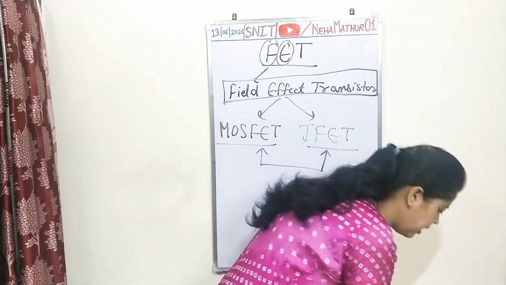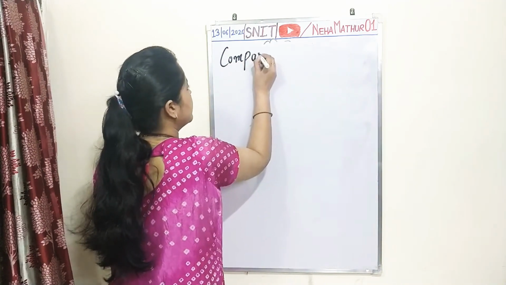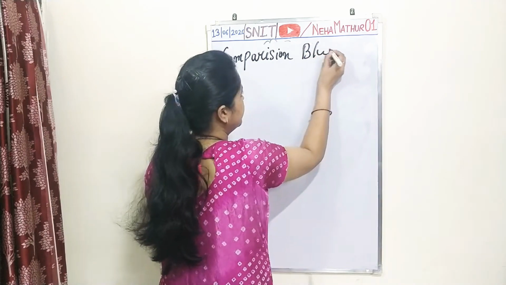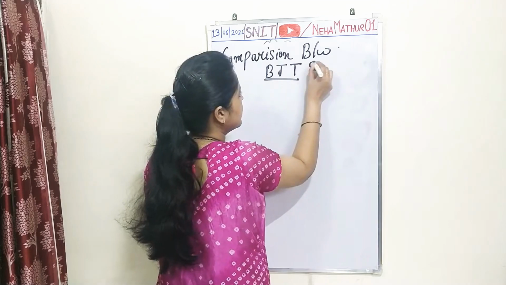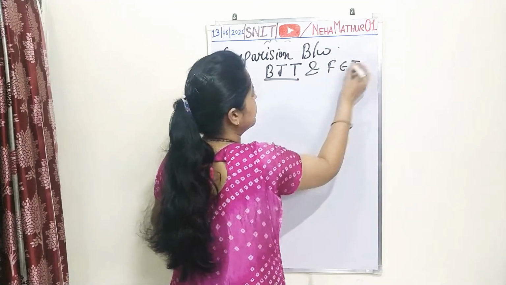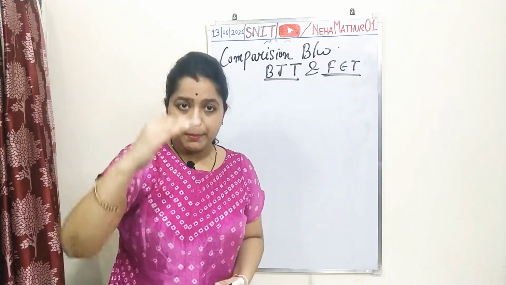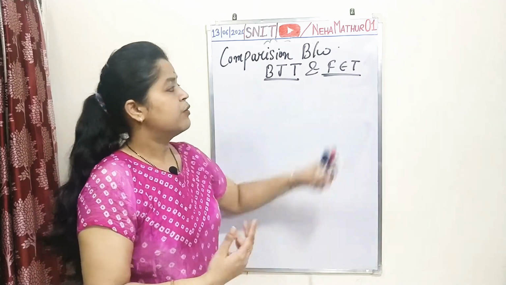So, start with the comparison. Comparison between BJT, bipolar junction transistor, and FET, field effect transistor. So, here there are several parameters on behalf of which we are going to differentiate BJT from FET.